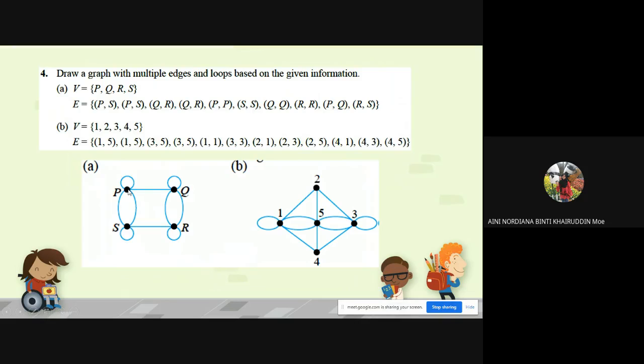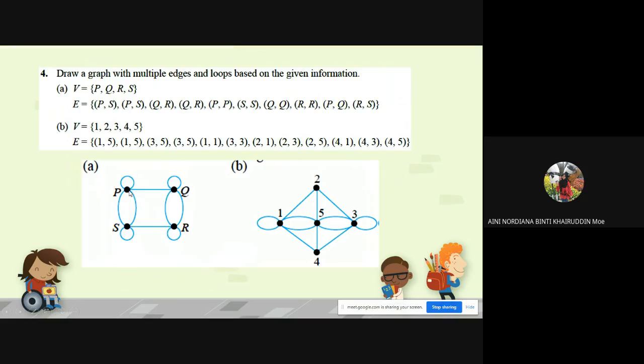First, draw the vertices, which are P, Q, R, and S. Then PS means vertices P and S have two multiple edges. QR, so vertices Q and R also have two multiple edges.